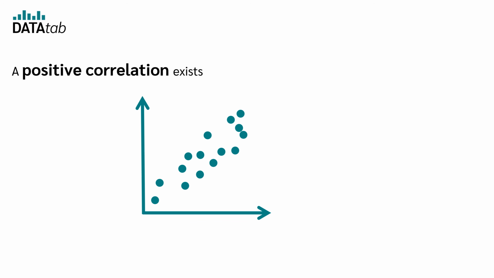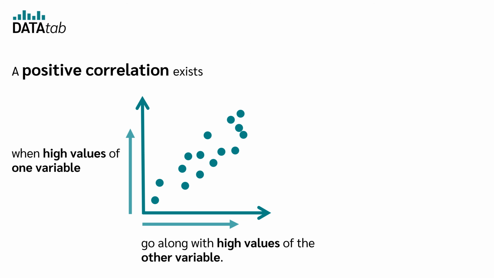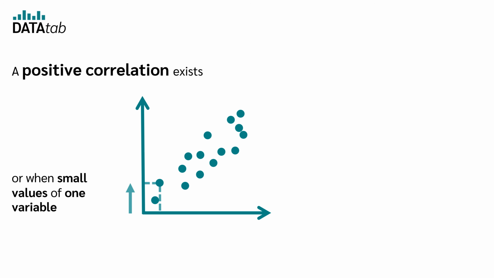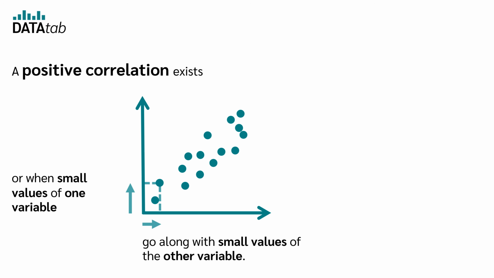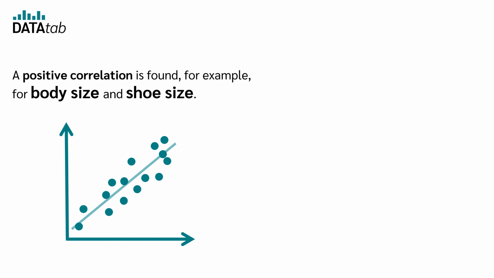A positive correlation exists when high values of one variable go along with high values of the other variable, or when small values of one variable go along with small values of the other variable. A positive correlation is found, for example, for body size and shoe size.